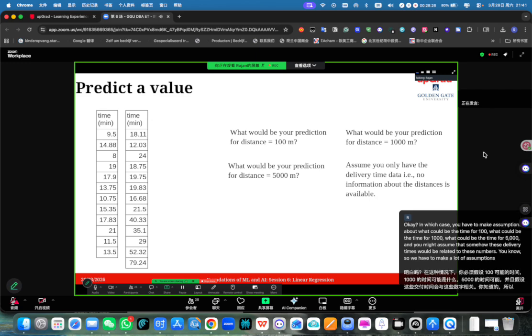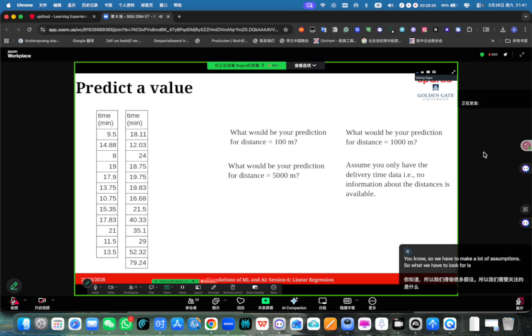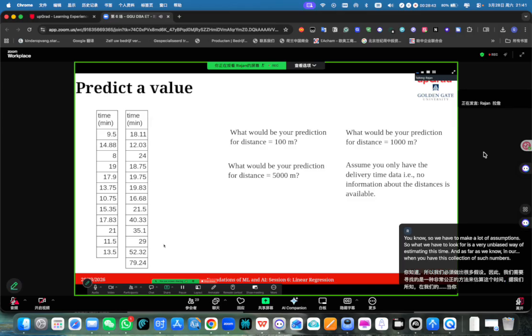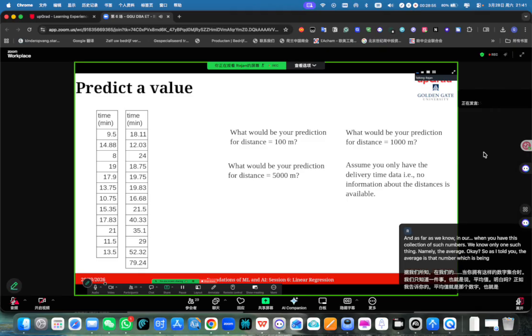So what we have to look for is a very unbiased way of estimating this time. And as far as we know, when we have this collection of such numbers, we know only one such thing, namely the average. As I told you, the average is that number which is being pulled in all directions by everything.